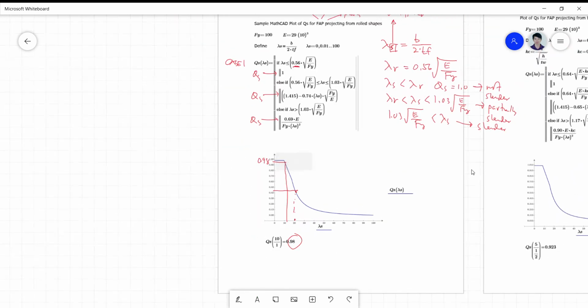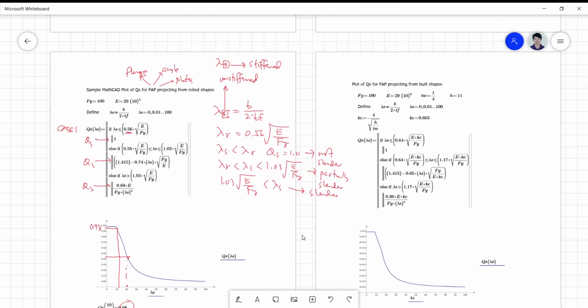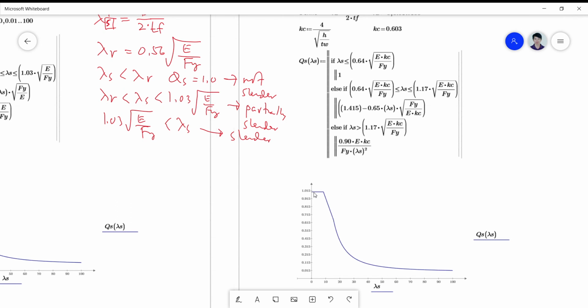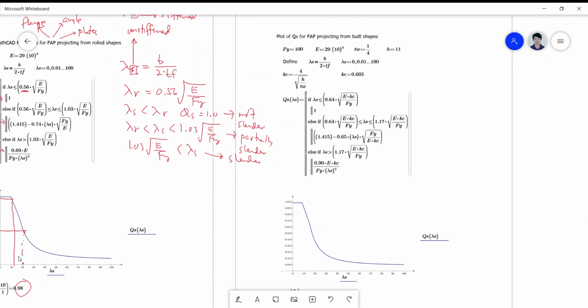You can also do it for the case 2 scenario, and take note that the shape is not changed. The shape is actually still the same, but the values are not exactly the same. The shape is the one that's important to interpret what happens as your lambda s increases.